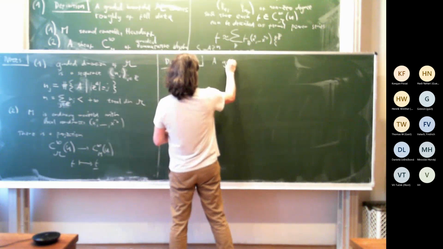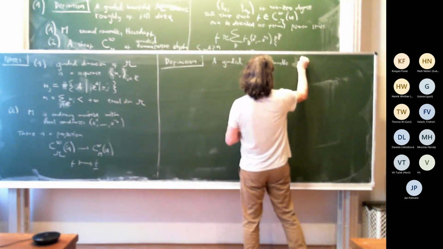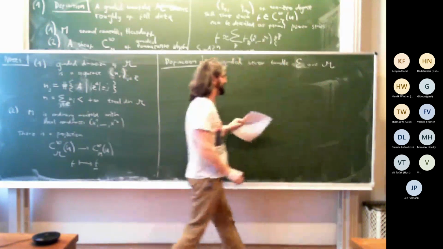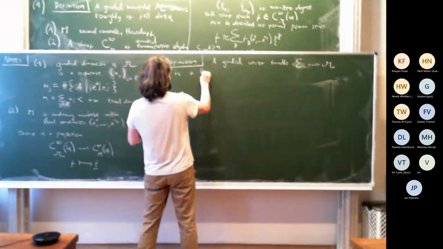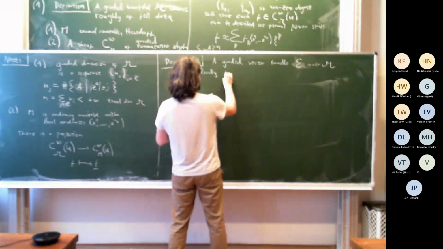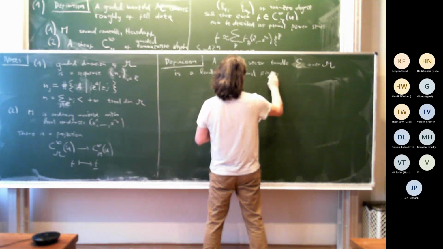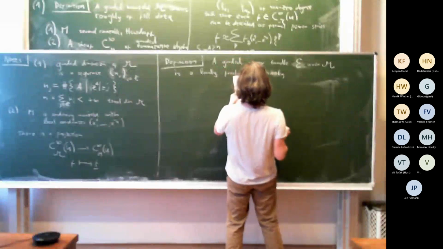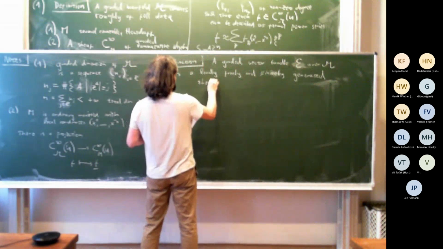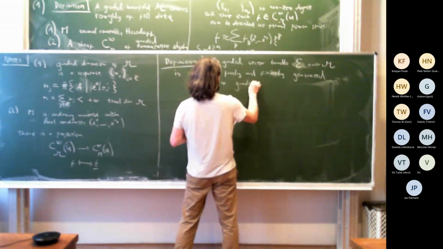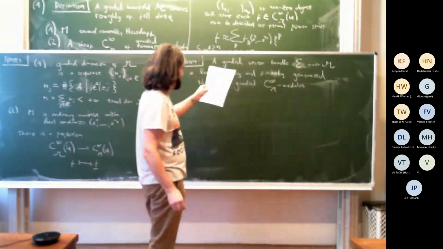So a graded vector bundle, denoted as curly E, over the base curly M, is, and now comes the definition, a locally, freely and finitely generated sheaf of graded C infinity curly M modules, and that's not all, of a constant graded rank.